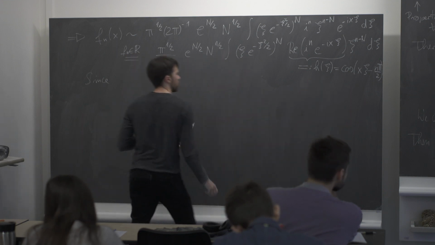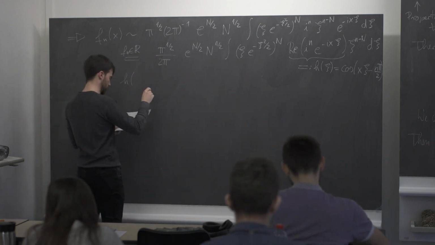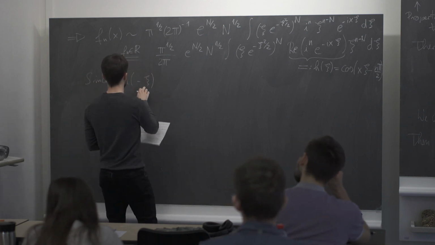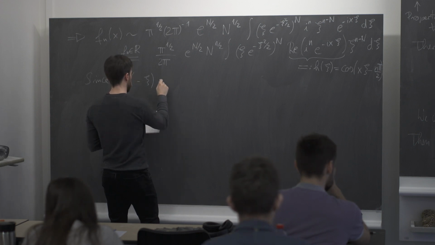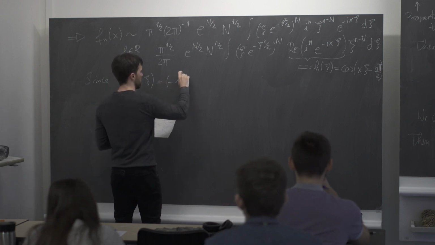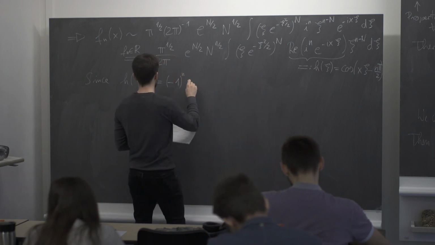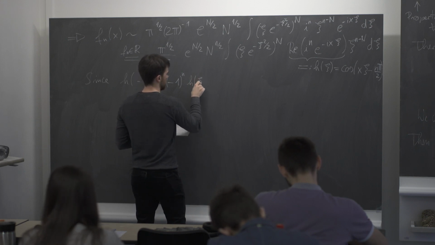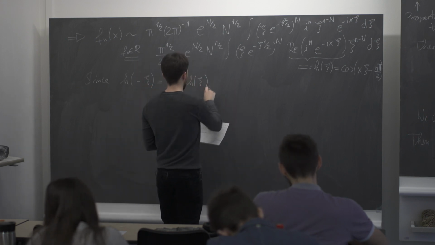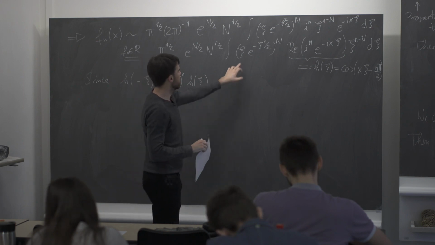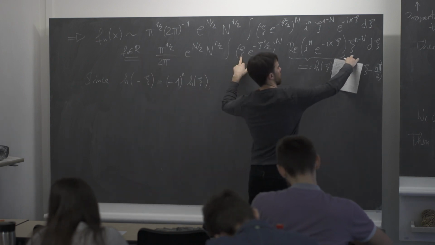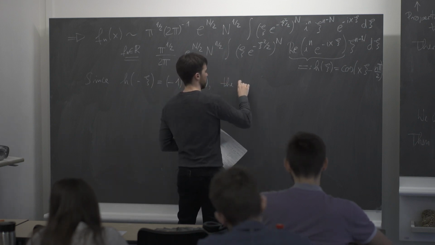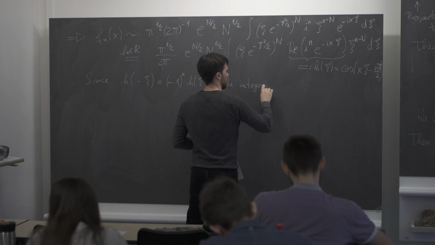So now you can look at this function h for a second, and you want to check what's its behavior if you reflect it around, whether it's even or odd, and then it turns out it will depend on little n, because that shifts your phase. So this is minus 1 to the n h of xi. So this you can check. And here you have another xi to the n. So then, therefore, the integrand is even.